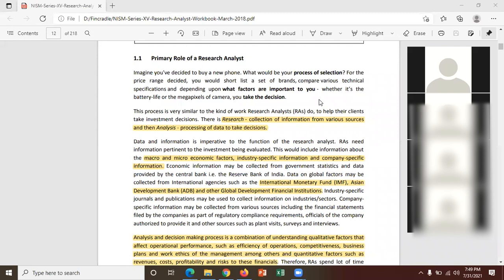Securities market is for raising the fund. So in securities market, a company can post an IPO or an FPO. Yes. This can be done in the securities market. So see, these are two different things.